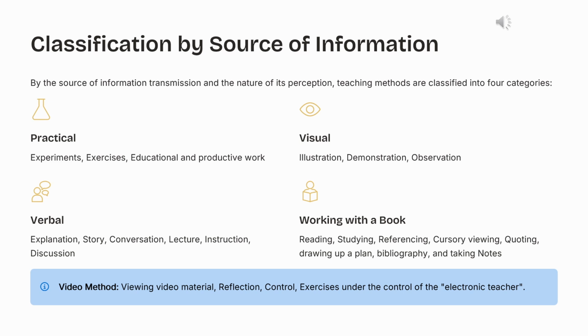Verbal methods include explanation, story, conversation, lecture, instruction, and discussion. Work with a book includes reading, quoting, note-taking, and the preparation of plans or bibliographies. Finally, the video method integrates viewing, reflection, control, and exercises under digital guidance. Thus, the classification reveals the wide variety of channels through which knowledge may be organized and mastered.